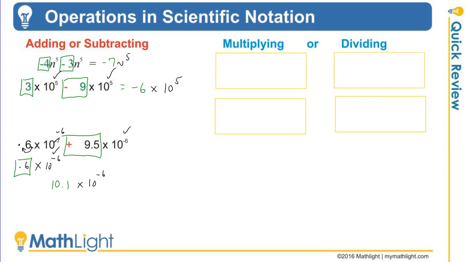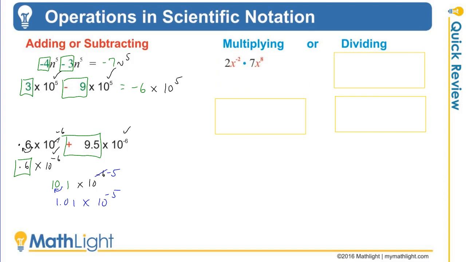No. Because remember, I've got to leave it in proper scientific notation. I'm going to have to make this number smaller, so I need to make this larger. And so I end up with 1.01 times 10 to the -5th. We went into detail on those concepts at mymathlite.com.